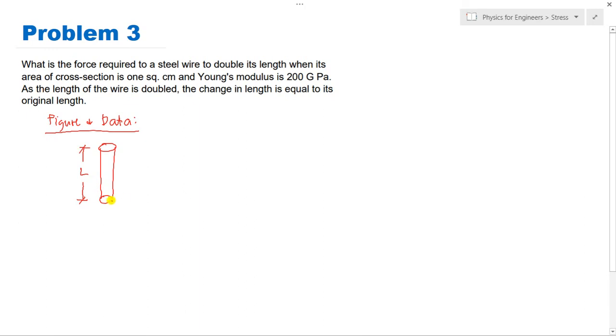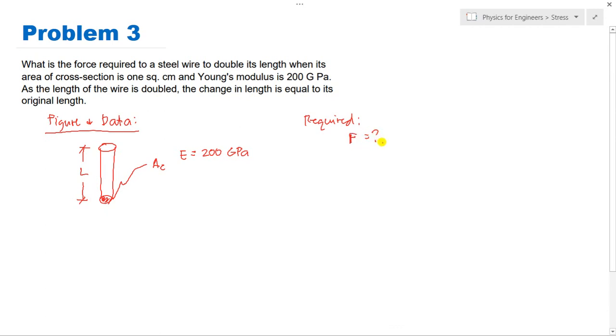And then we also have here kaning shaded region, of course, our cross-sectional area AC. Then ang Young's modulus, so that is E equals to 200 gigapascal. So ang ipangita required is the force.